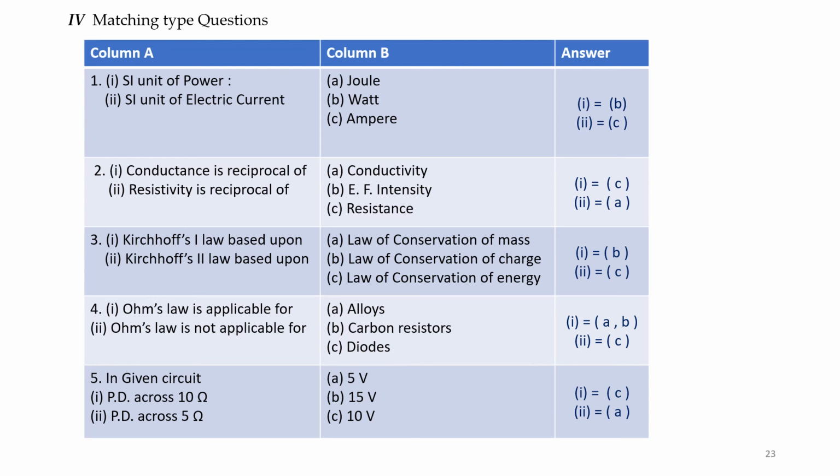Kirchhoff's first law is based on conservation of charge. So 1 is B. Kirchhoff's second law is based on conservation of energy. So 2 is C. Question number 4. Ohm's law is applicable for both alloys and carbon resistors. 1 is A and B. Ohm's law is not applicable for diodes. C.